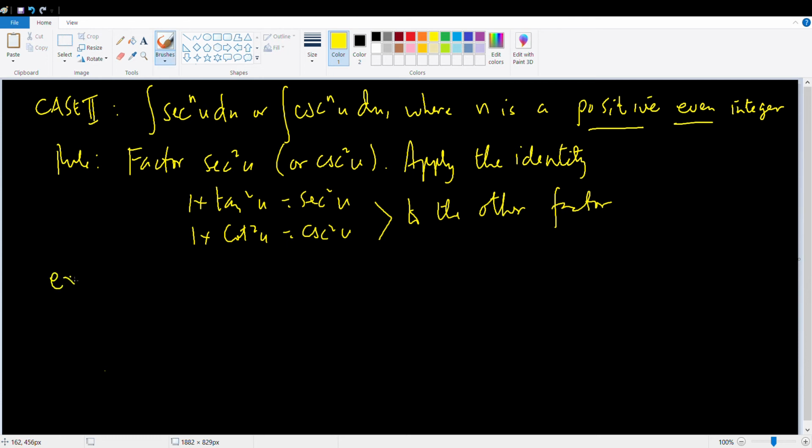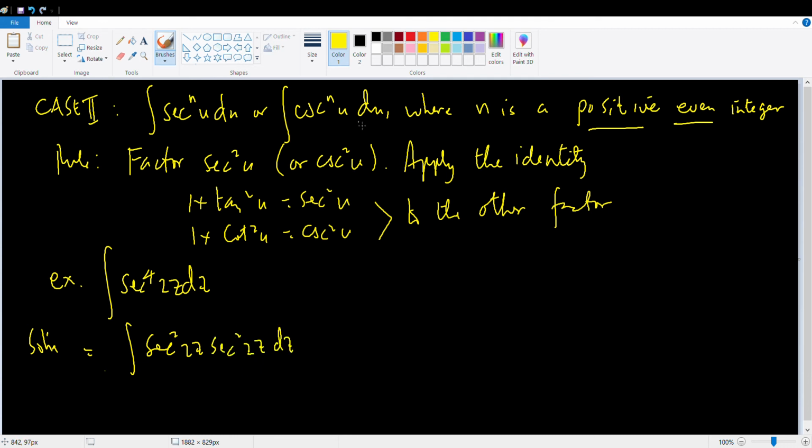So, example, say the integral of secant to the fourth 2z dz. The rule is to factor secant squared. So secant squared 2z dz, okay, secant squared times secant squared.